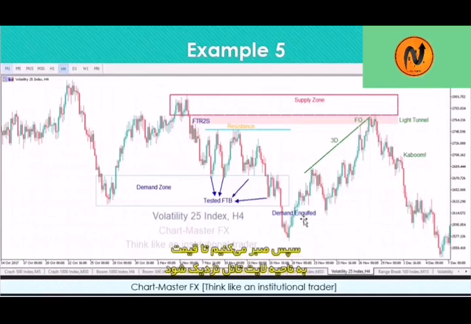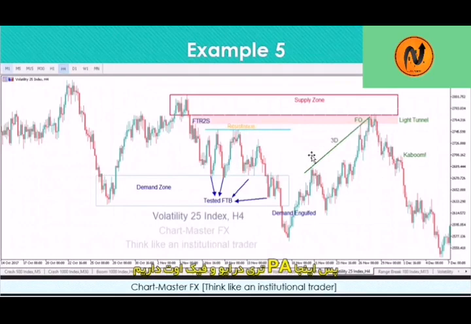Once the price actually engulfed the demand zone, then we wait for the price to approach the light channel zone. As the price was approaching the light channel zone, it approached it in the form of a 3 drive. And also we can see here that we had a fake out. As you can see, there's a notable resistance line here of 1-2 touches. When the price came to that same area, it was able to break the resistance line in the form of a fake out.